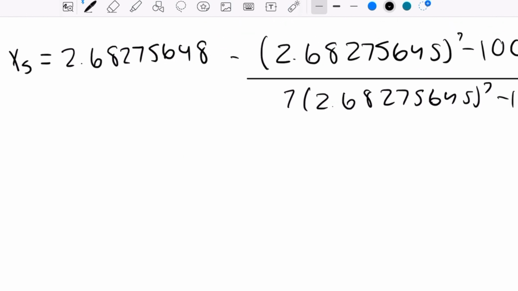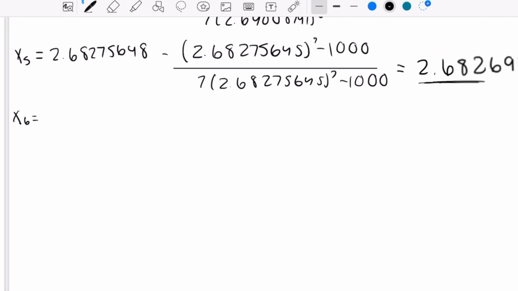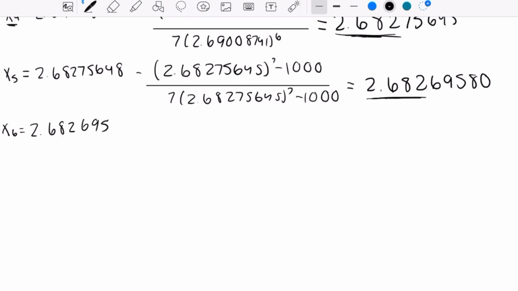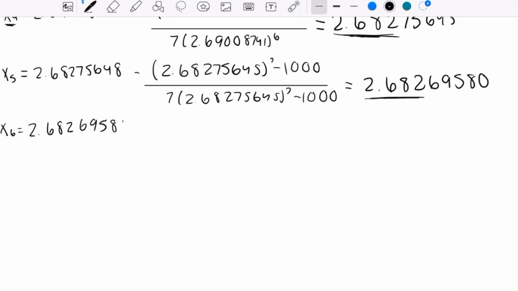So x of n plus 1, x of 5 plus 1, x of 6 equals x of n, which is x of 5. We found that right here. 2.68269580. Plug that number in for all of our x's.